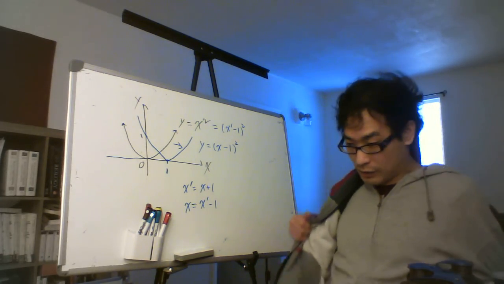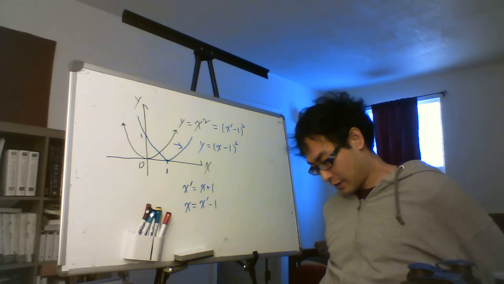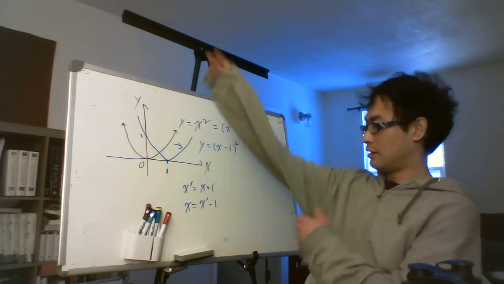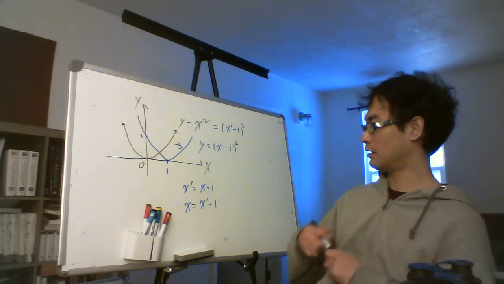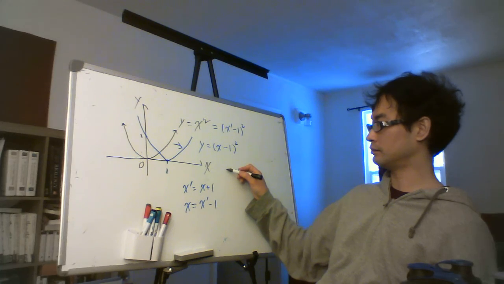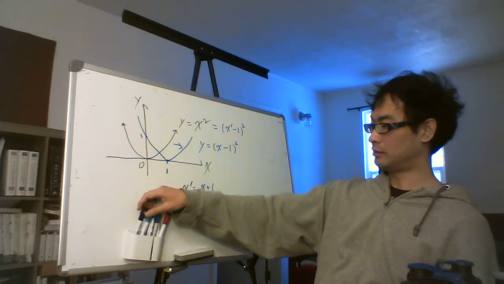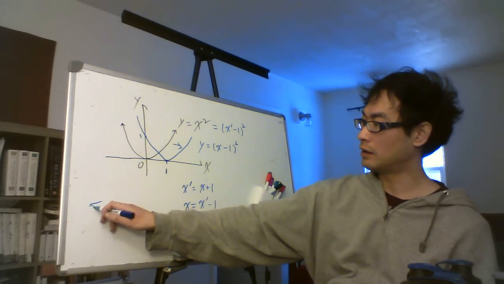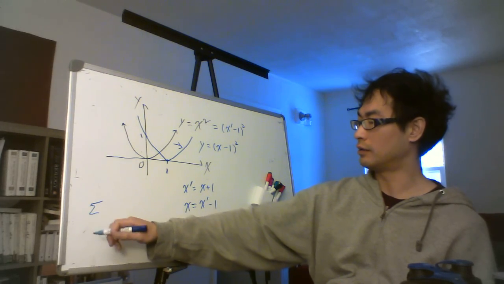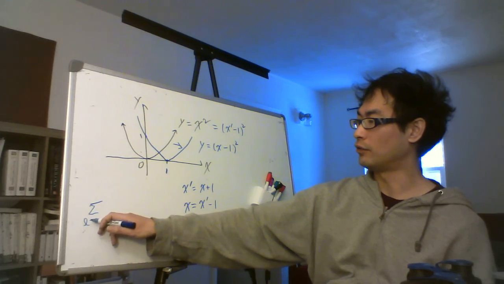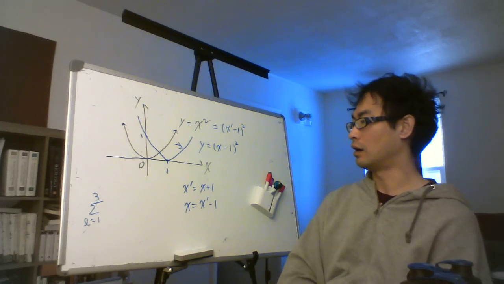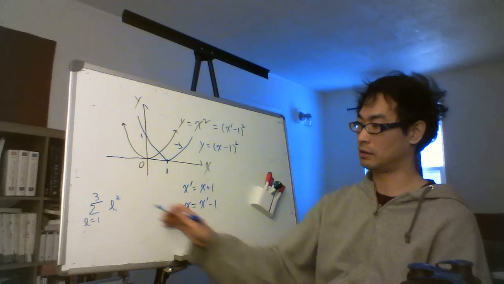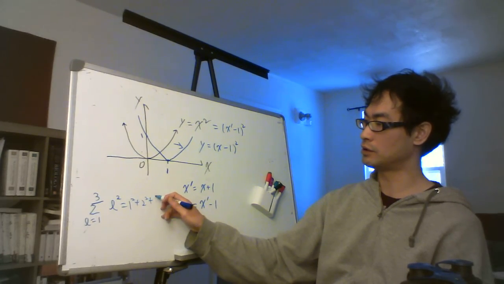And you do the same thing in sigma. For example, you have sigma, let's say the sigma variable, let's just call it L, L from 1 to 3 of a_L squared, which is 1 squared plus 2 squared plus 3 squared.